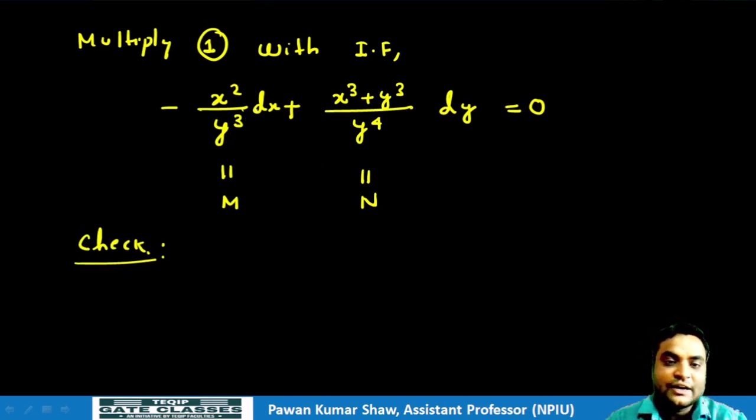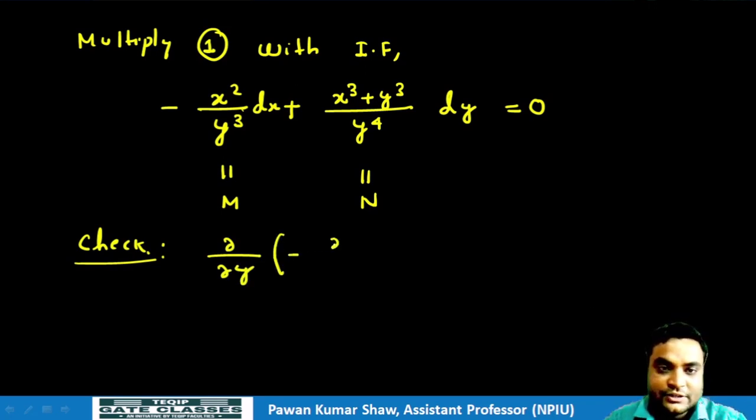whether it is exact or not. So what will we do? Whatever is the coefficient of dx, we have to differentiate with respect to y. So that is minus x cube by y cube. Now this is our updated M, and if you differentiate with respect to y, x will be constant. So we have to do the differentiation only over y.